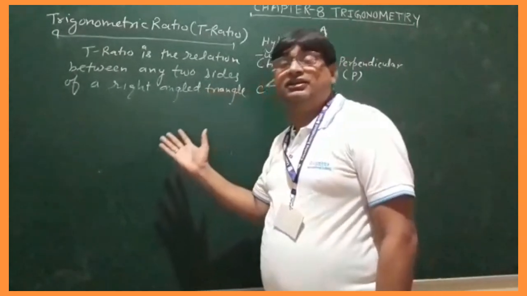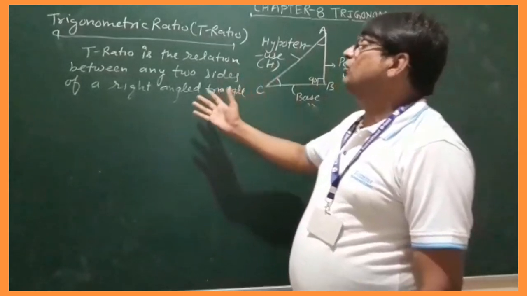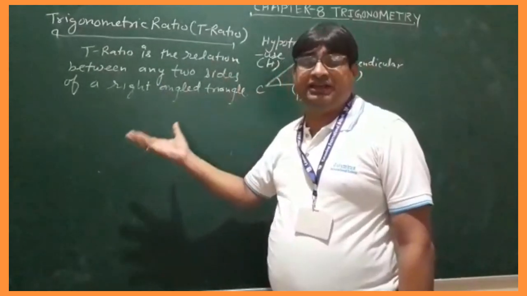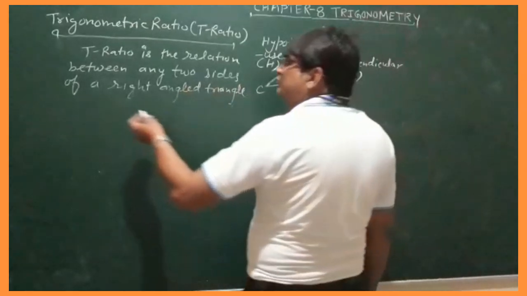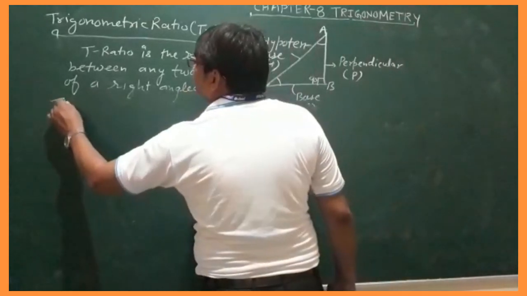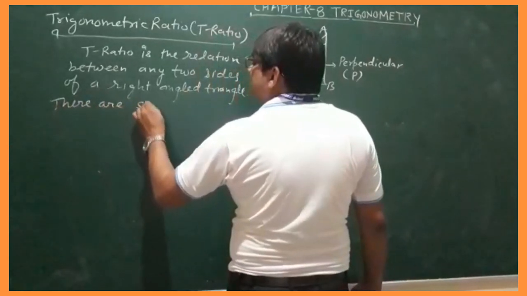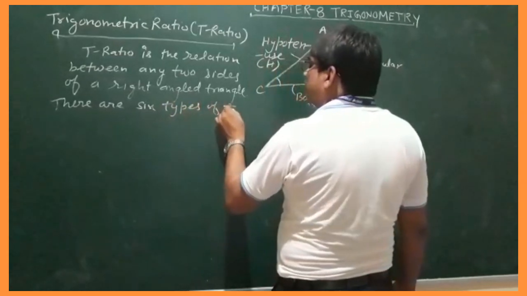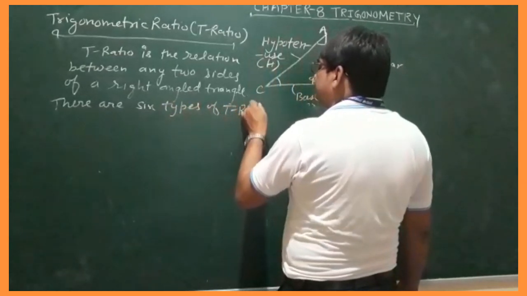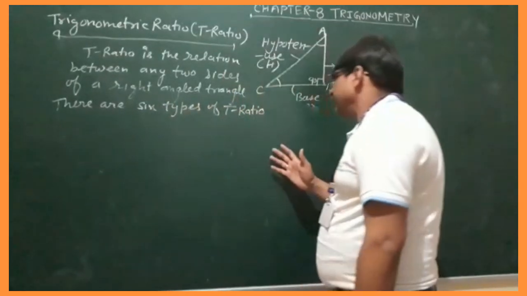Student, already you have studied about ratio. Ratio is the relation between any same kinds of quantity. There are 6 types of T ratio possible in a triangle.